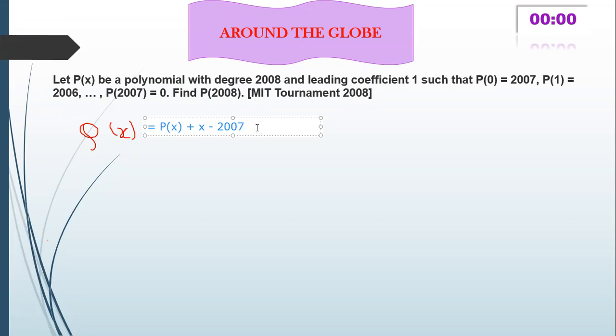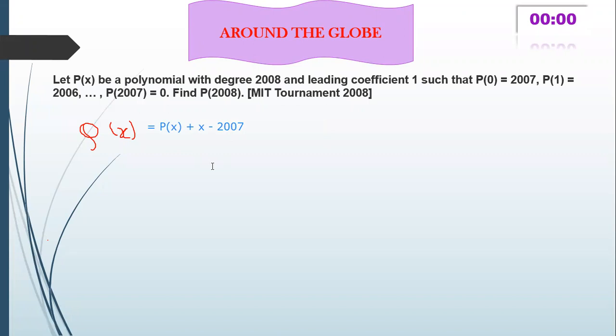Okay, so let me continue. For any value of x from 0 to 2007, you will get the value of the function q of x as 0. So that is what we wanted. Why did we want this? So that we can find exactly 2007 roots of the function q of x.